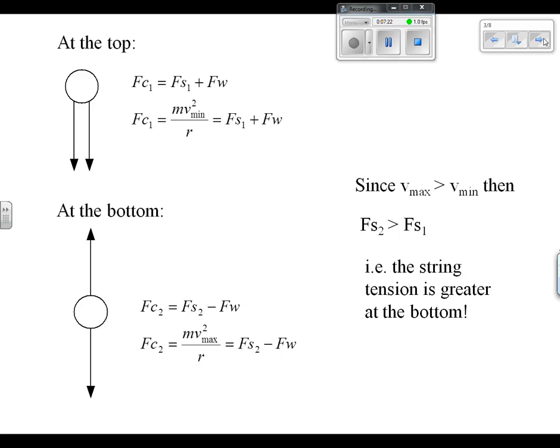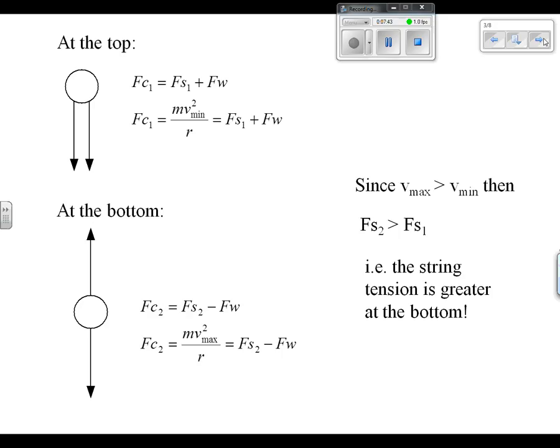Was there a string tension, was there a force in the loop-de-loop on the video? There has to be, yeah. So it's kind of a weird one, right?